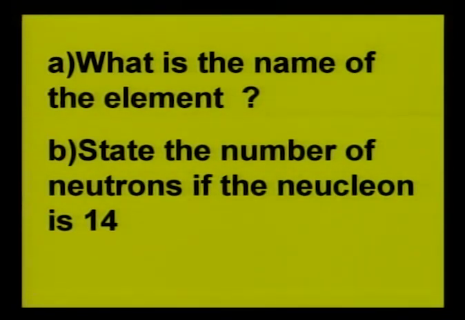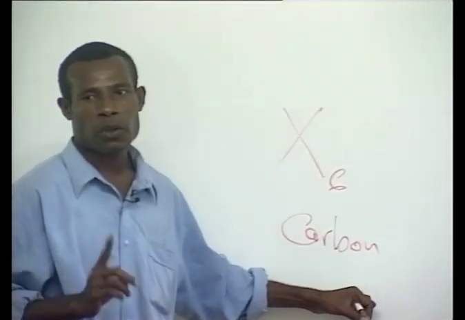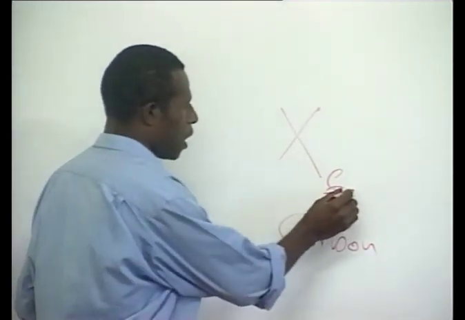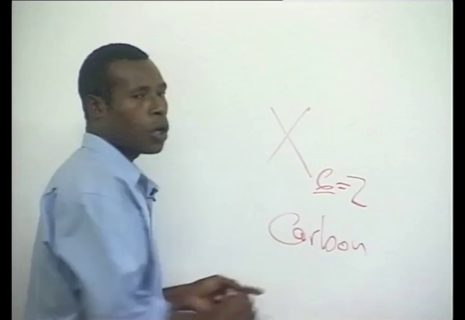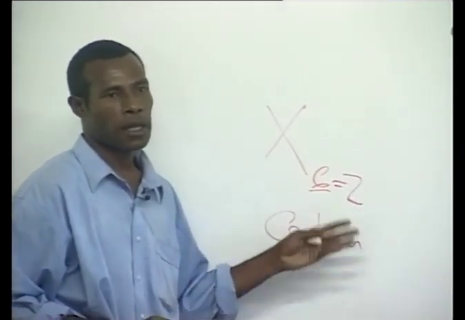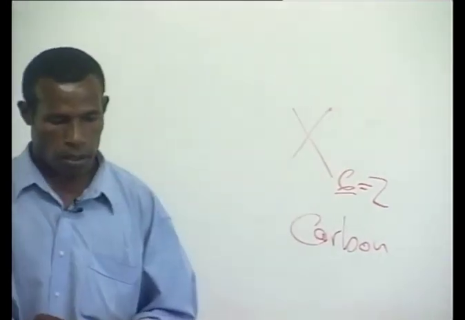That element with 6 is carbon, because you will not find any other element which has 6 as its atomic number. It is only carbon. So we can say that X is the identifying quantity of an element. It identifies an element.